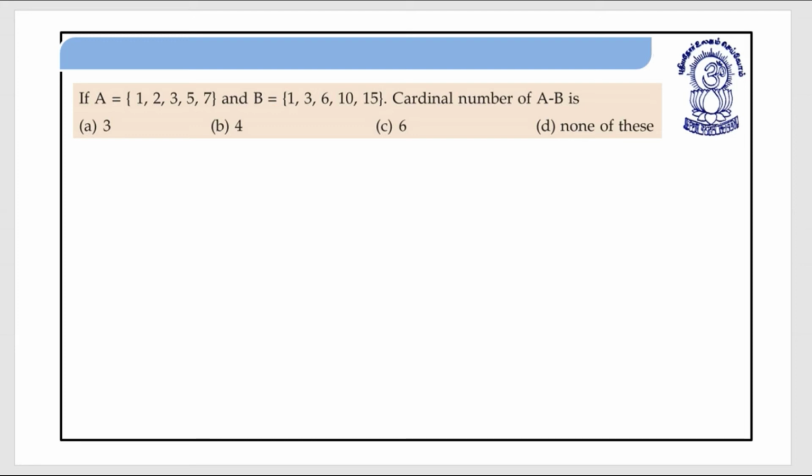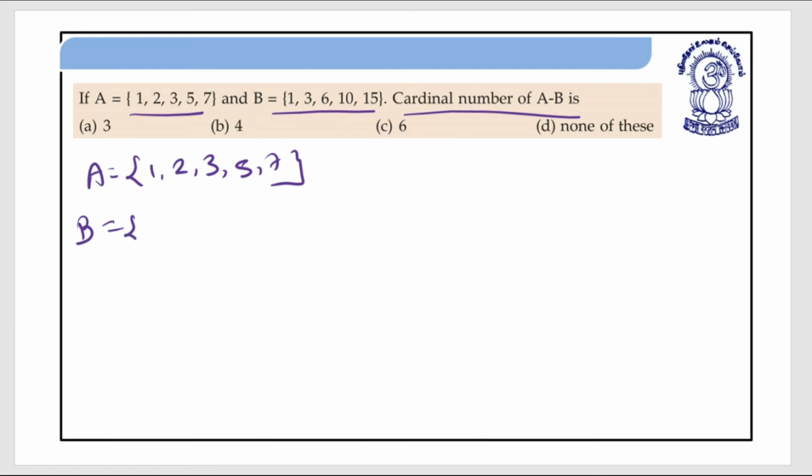Next question. If A is equal to 1, 2, 3, 5, 7, B is equal to 1, 3, 6, 10, 15, cardinal number of A minus B is, here A is equal to 1, 2, 3, 5, 7, B is equal to 1, 3, 6, 10, 15.